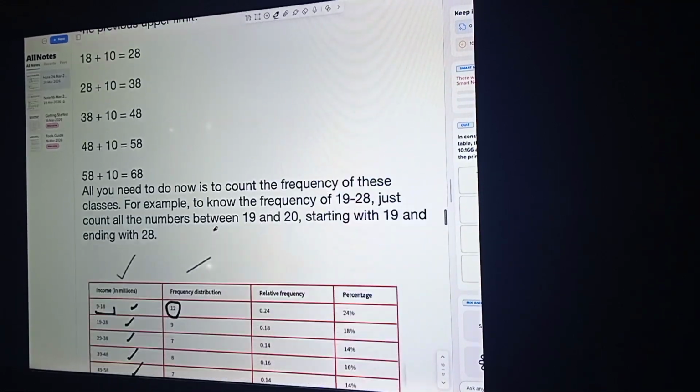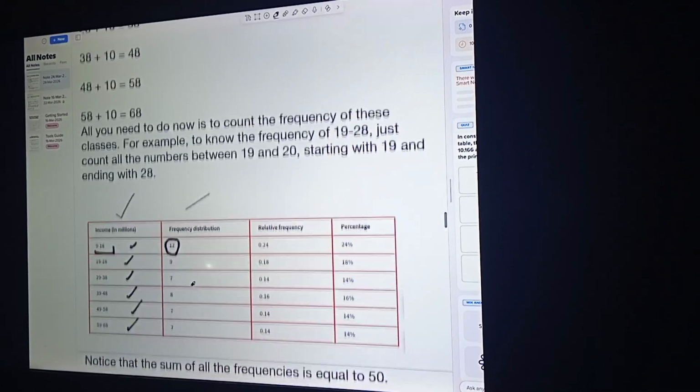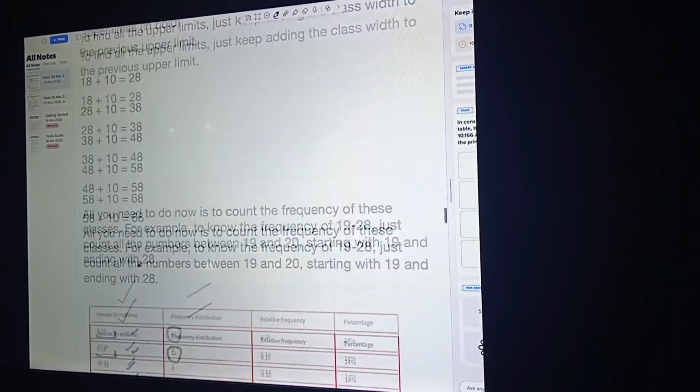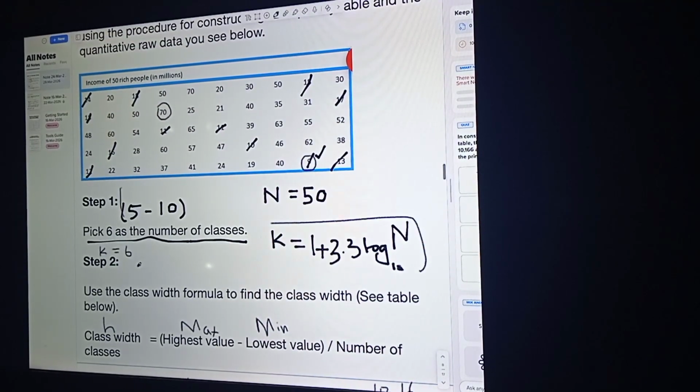Similarly, it is written 12 here. For 19 to 28, here are 9 people, or 9 persons, or 9 individuals. So count 19 to 28. One is 20, 28.